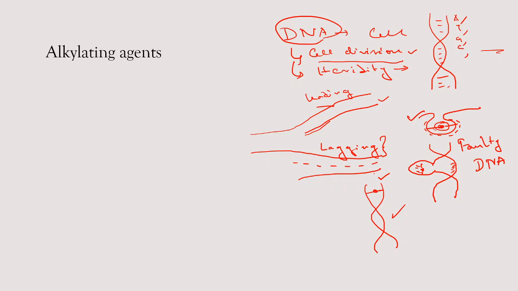Now, alkylating agents play a very vital role here, because they intertwine the strands either with itself or with another strand. That means, consider we have this leading strand here, and by some method it has intertwined with itself.